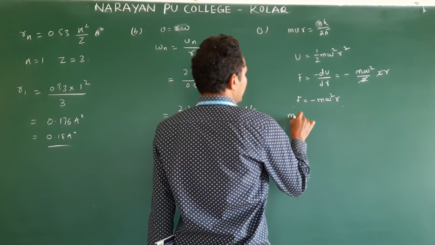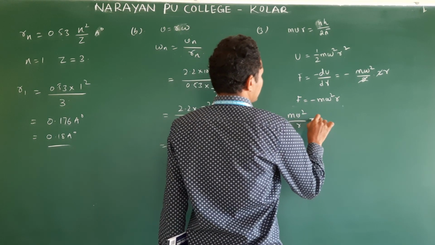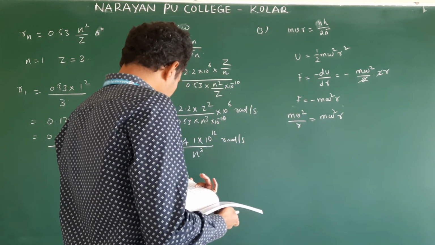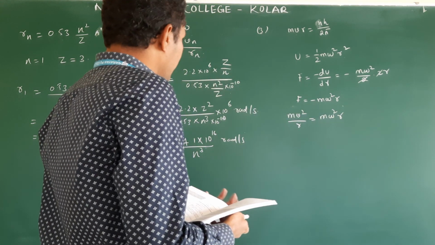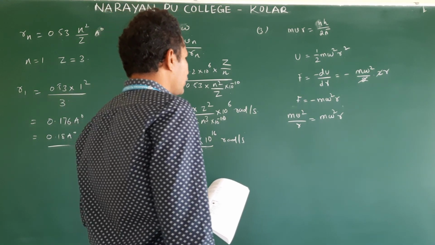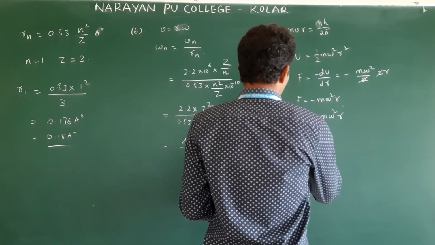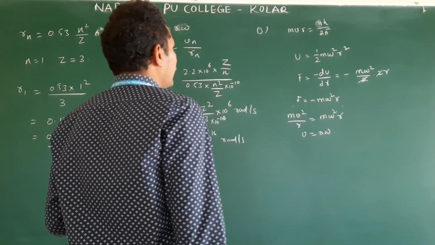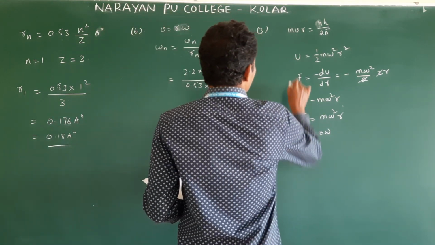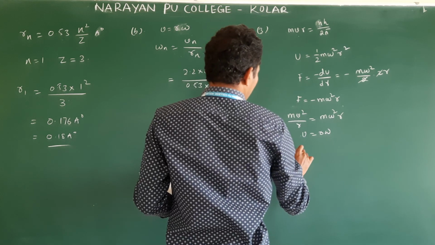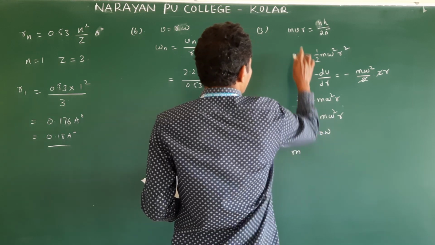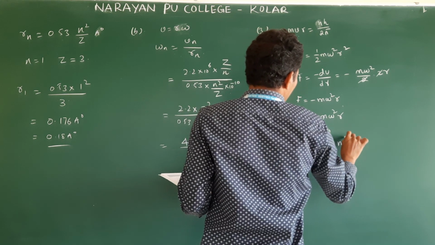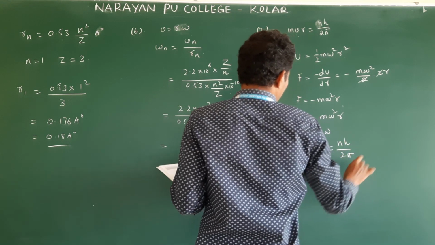So this is nothing but revolving around the nucleus. Centripetal force is provided, so mv square by r is equal to m omega square r. Clear? From this, what do we get? v is equal to r omega. Right? This v we substitute in mvr equal to nh by 2 pi.